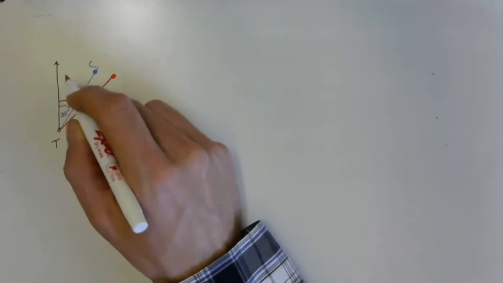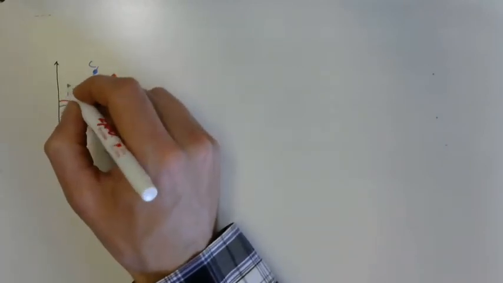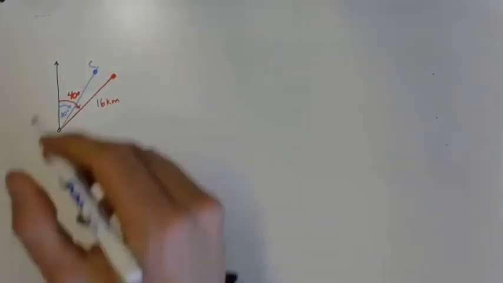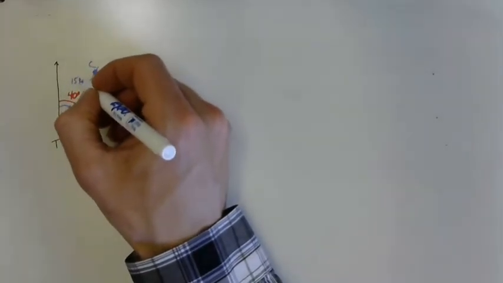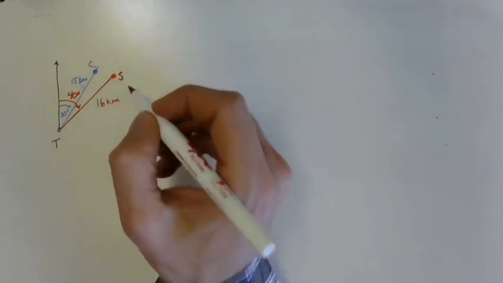I don't want to put it there, that's confusing. I want to put it right here-ish. I'll just erase that 15, I'll put it back later. Okay, that's a 40 degree angle. This is 15 km. And that was the Skyhawk.